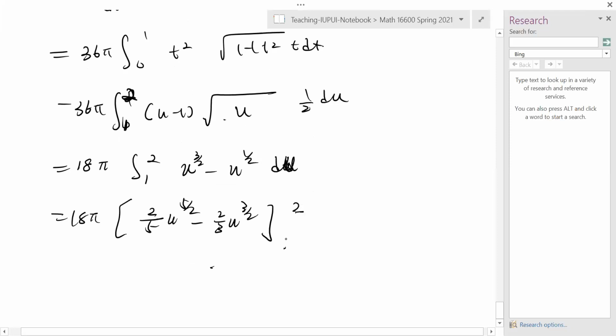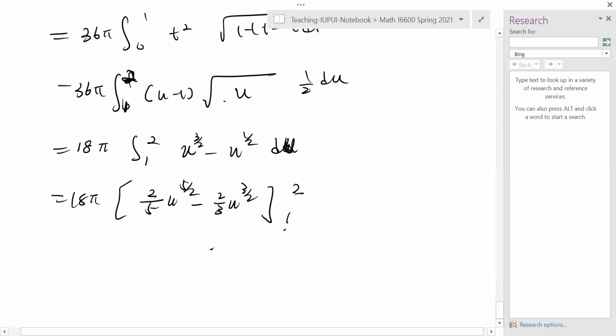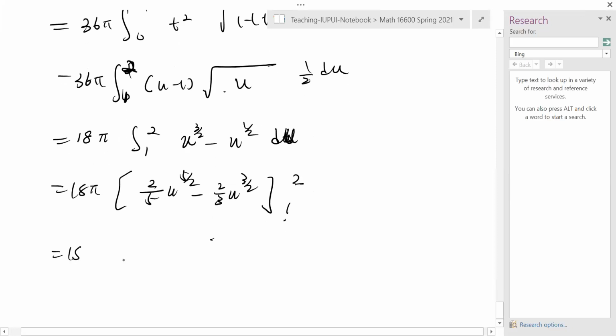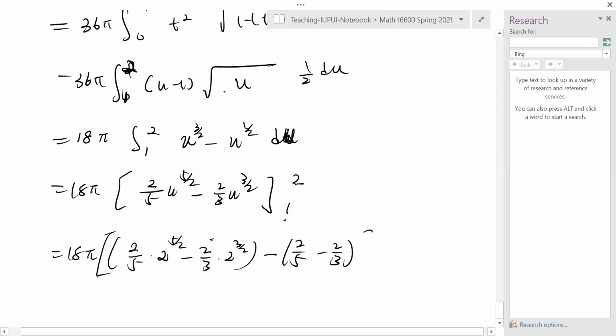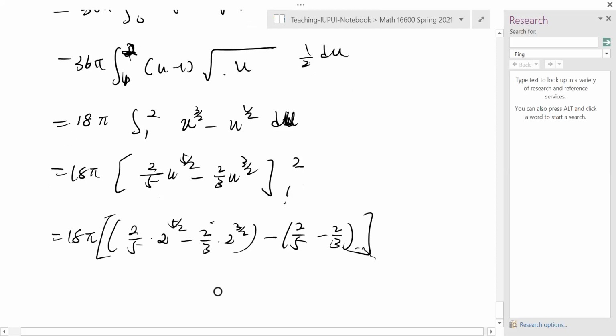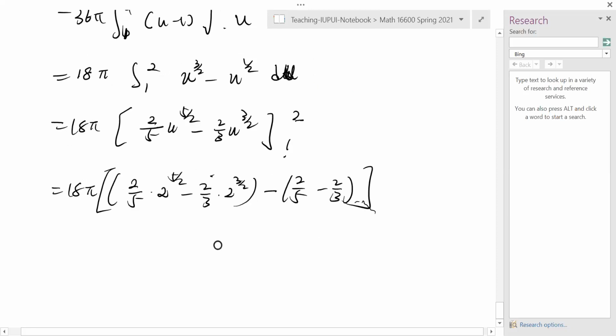Finally, we put the numbers there. Okay, that's the first part. Second part, just plug in 1. Then you can simplify it when you get an answer, if you have time.